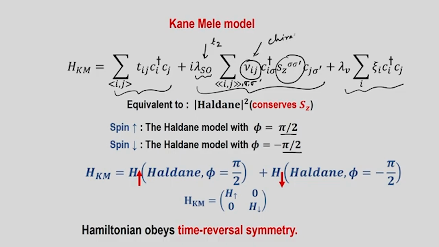So, that tells you that if the second neighbor hopping is clockwise, then it has a positive sign, and if it is anti-clockwise, it has a negative sign, and here we have taken the flux to be exactly equal to pi by 2, excepting when we wanted to generate the phase diagram, which is flux versus this term. This term means with a lambda v term, which is the mass term that opens up a gap, inversion symmetry breaking term. So, it is basically 2 copies of the Haldane model.